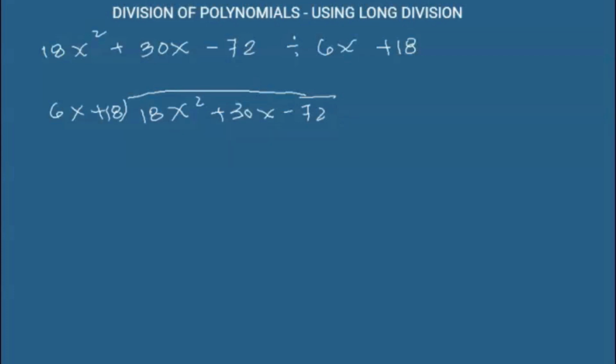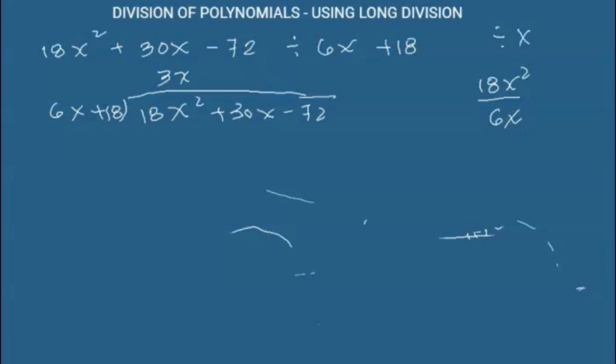First step is divide. 18x squared divided by 6x. Apply the law of exponents for division. That would be 3x. And then after division, multiply.